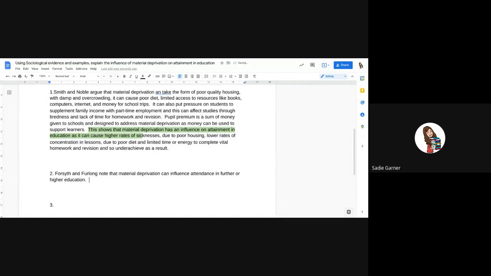That's the influence. Material deprivation can influence the attendance for further or higher. Higher education is university, further is college really.